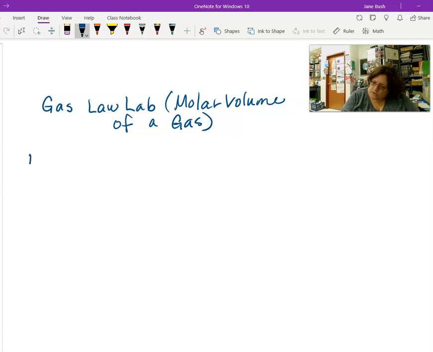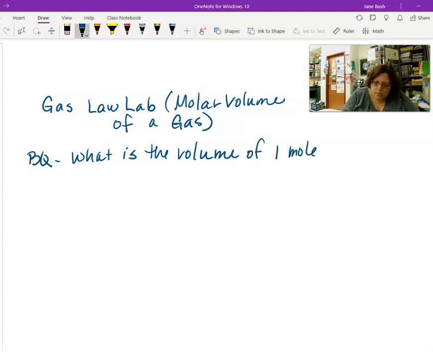Our beginning question is, what is the volume of 1 mole of gas at standard temperature and pressure? That ultimately is what we're going to be finding. We aren't going to collect a whole mole of gas, but we'll see if we get the right ratio.